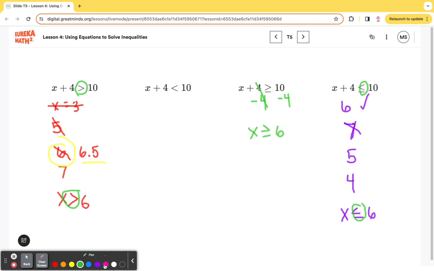And we can check that solution, right? If x is 6, 6 plus 4 is 10, 10 is greater than or equal to 10. x has to be greater than or equal to 6, so 7. 7 plus 4 is 11. 11 is greater than or equal to 10. So both of these solutions work, and we can keep going, checking all of those solutions that are greater than or equal to 6.